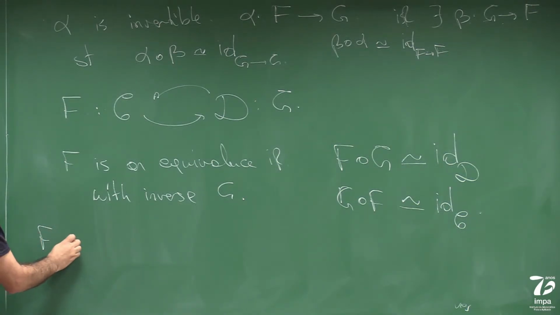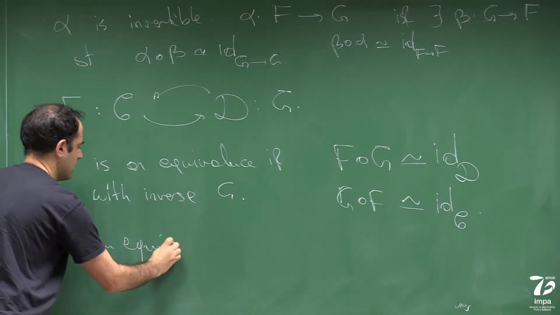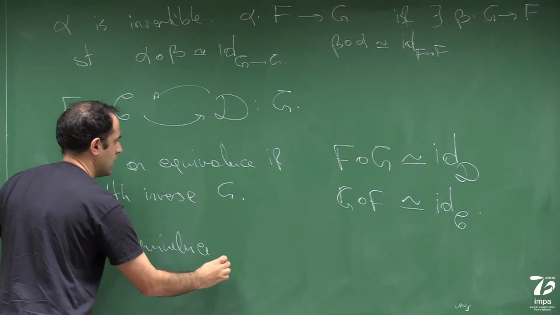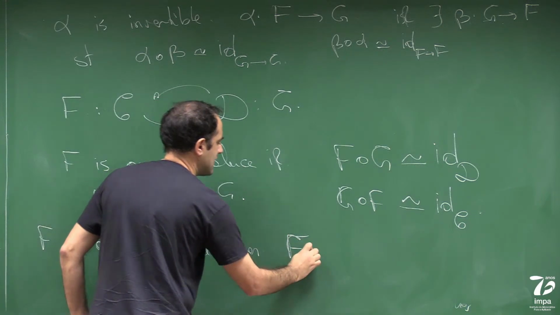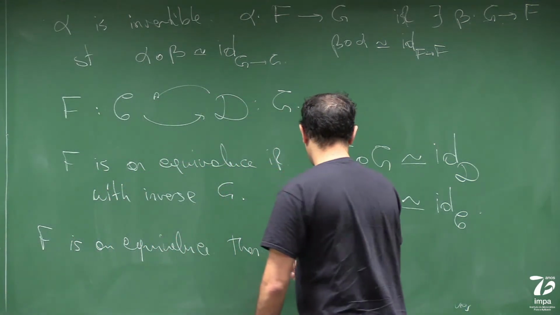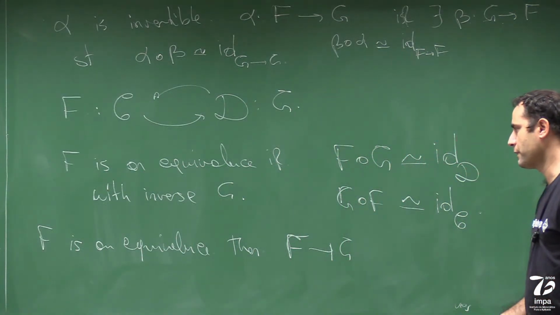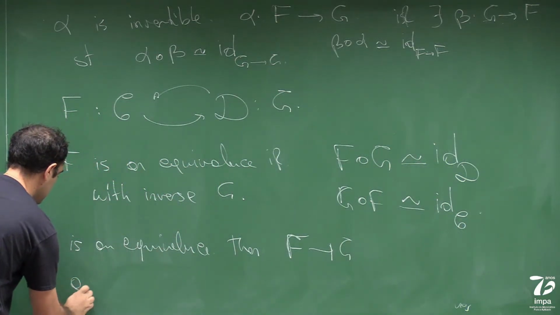So if I have such an equivalence, then the first thing to notice is that F is left adjoint to G, we have these two being adjoint, and F is fully faithful.